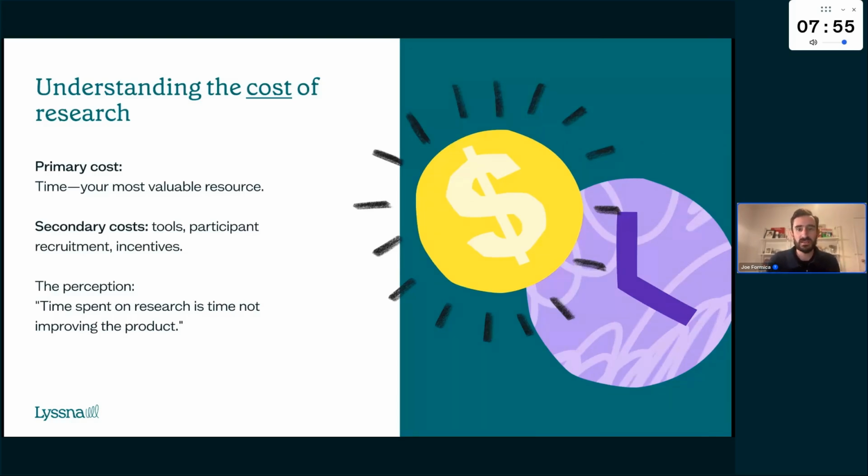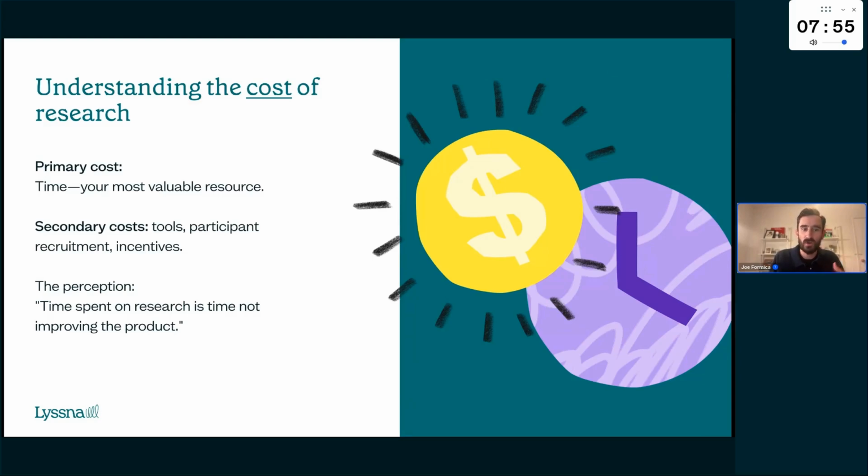And this can be translated to time and putting a monetary number on it for your time or your salary or your freelance rate as a designer. But it can also be something like the opportunity cost, the time that you are spending interviewing people, sifting through post-it notes, and synthesizing research. Those all represent some kind of cost.